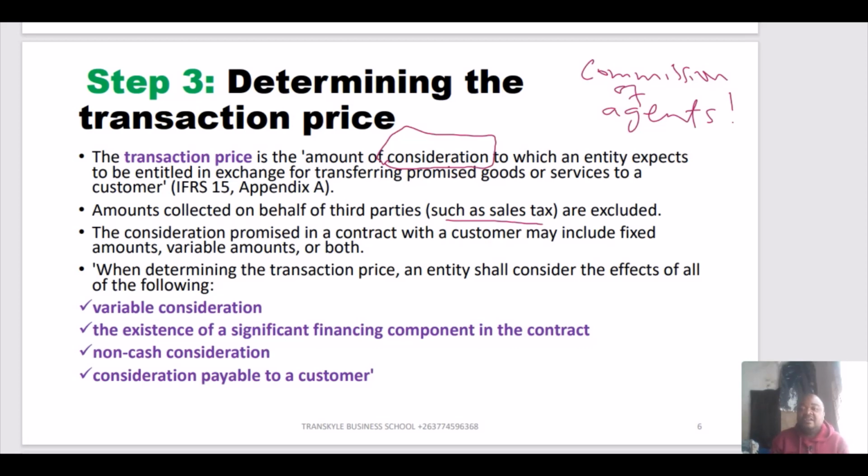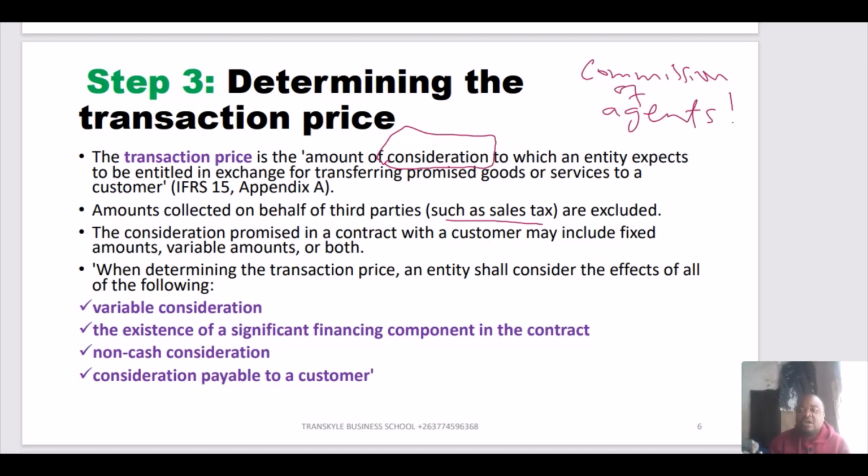The other amount as a result of a sale, if it was collected on behalf of the principal, then that's not the agent's money. That's not the agent's revenue. It is the principal's money. So it is not going to be included in the revenue figures of the agent's books.